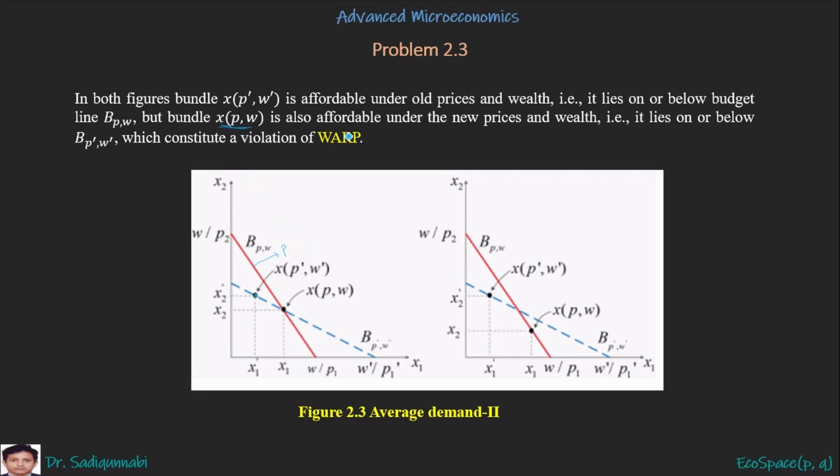So when we take the bundle X and the new price, this line is with new price P prime, so this is also affordable under this.